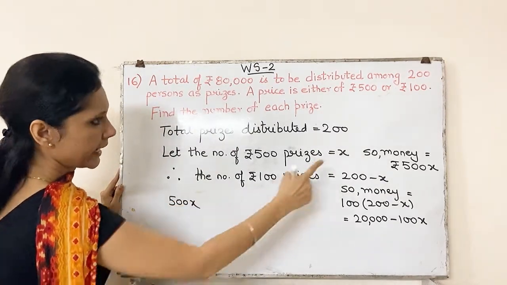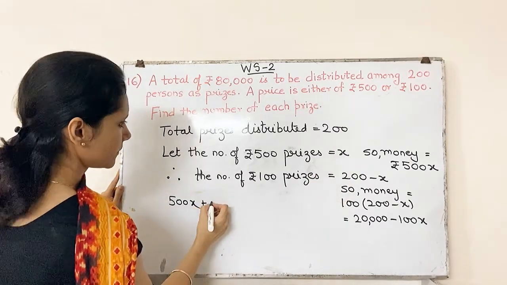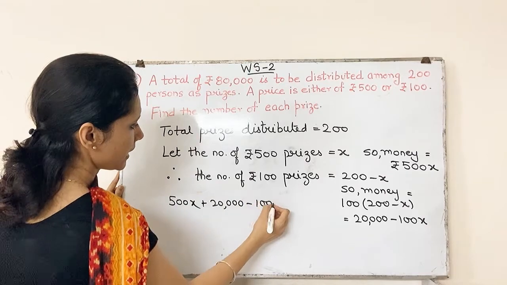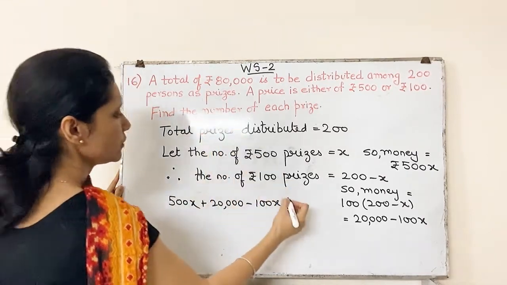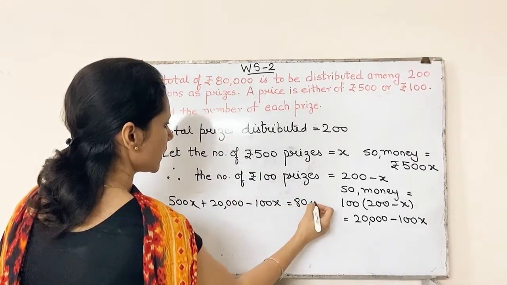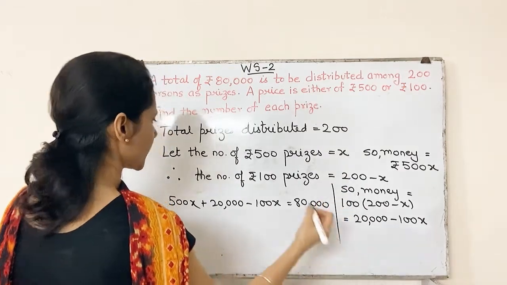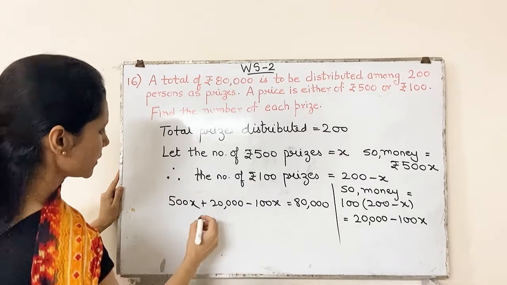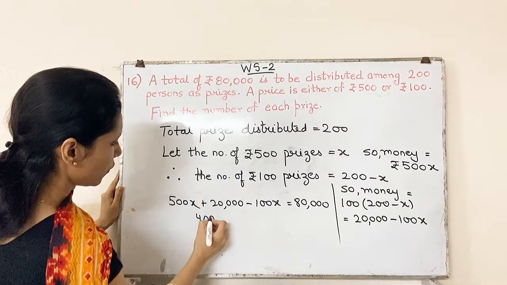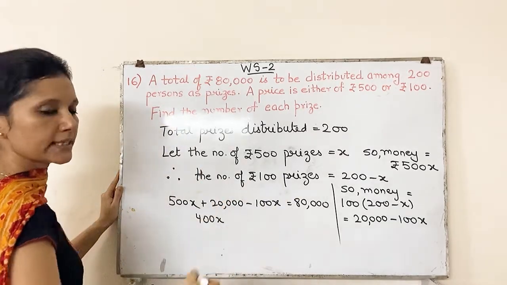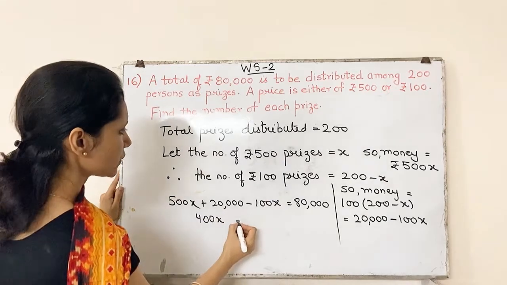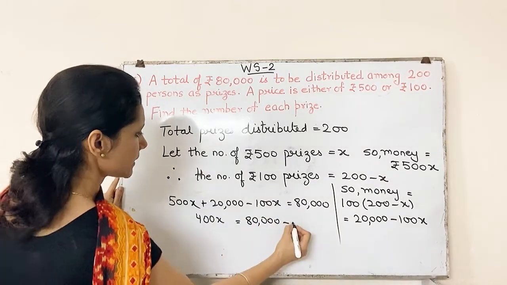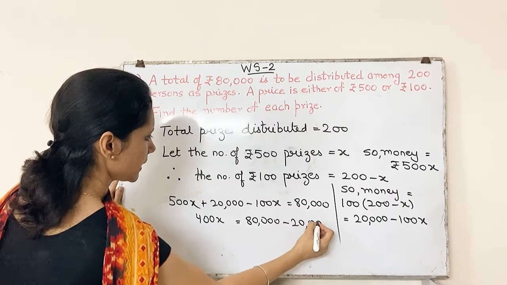500x plus 20,000 minus 100x is equal to 80,000. So let's solve this. 500x minus 100x would be 400x, and we'll take 20,000 on the other side. So this is equal to 80,000 minus 20,000.